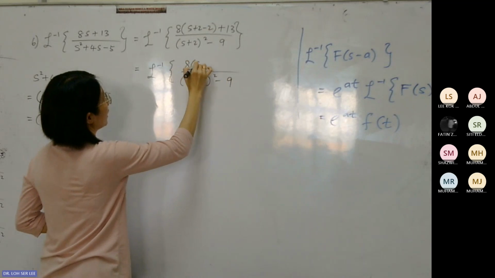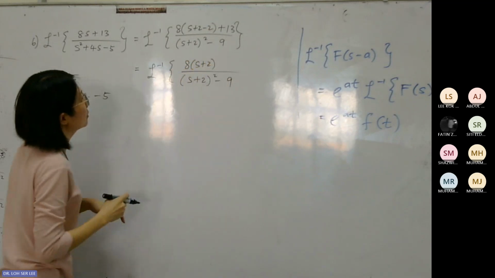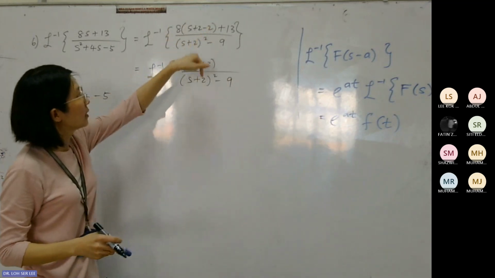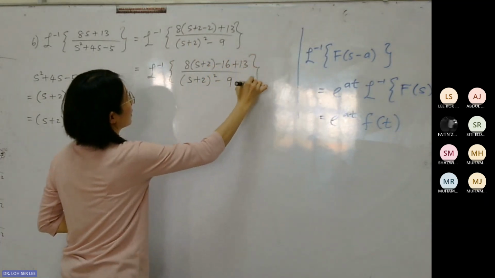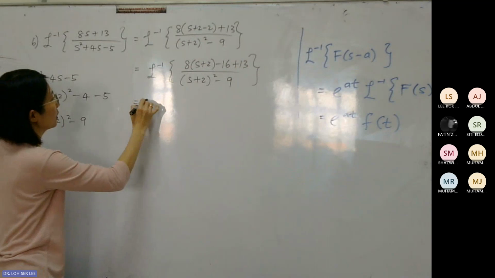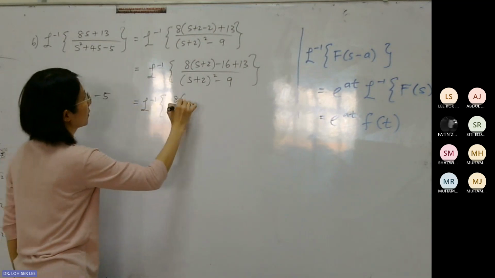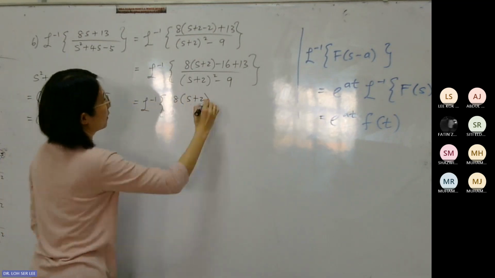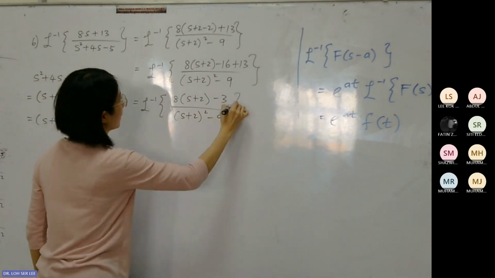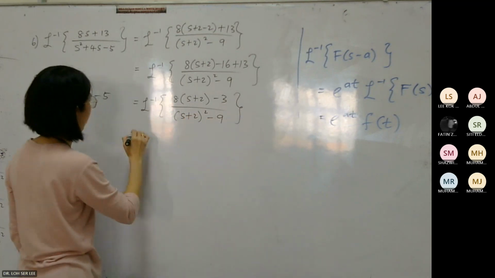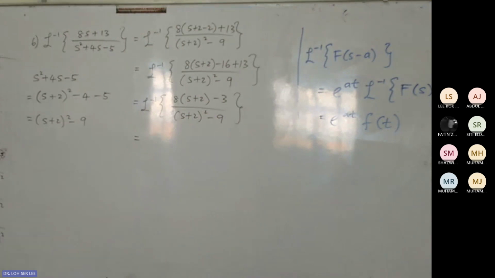You have 8s plus 2, minus 16 plus 13. This means minus 3.